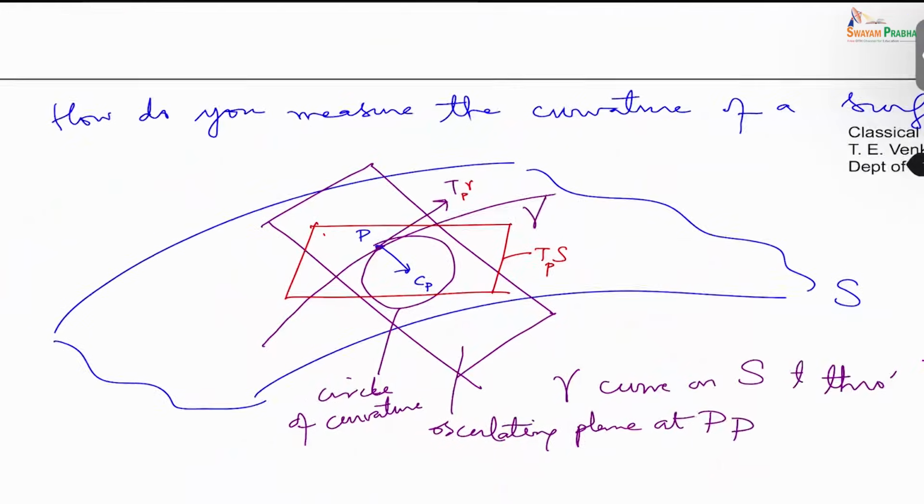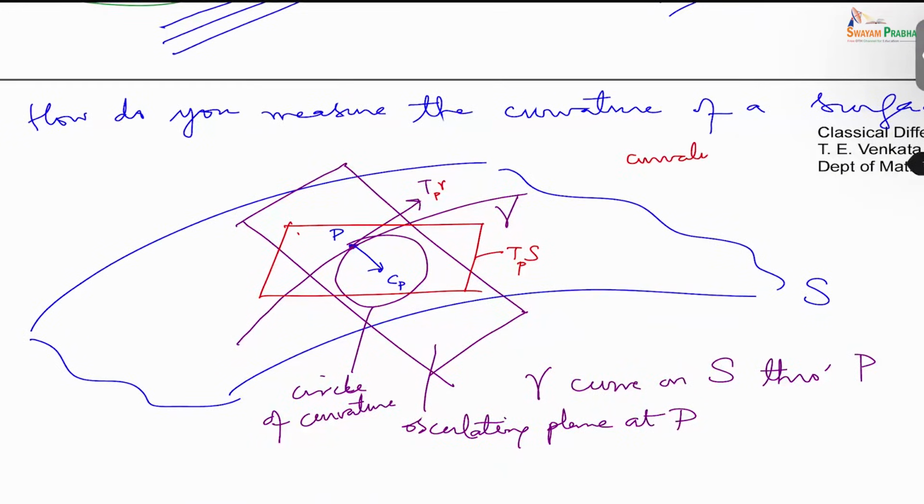So the curvature vector is broken into two components. There is one component along the normal to the surface at the point, okay, which is going to be this.